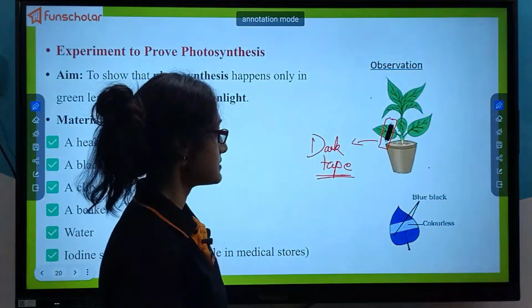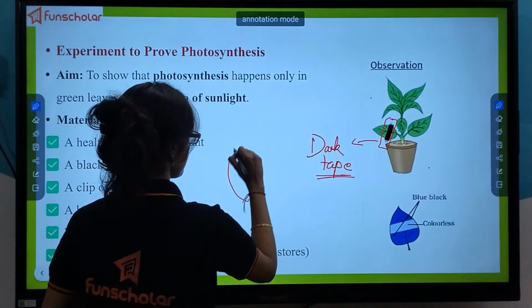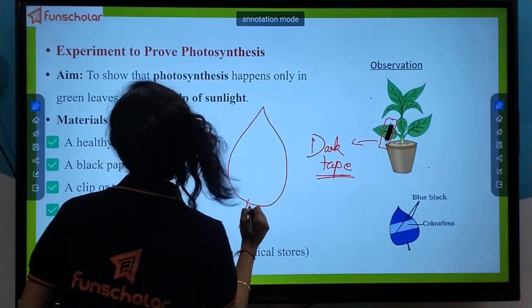When you open this, you see the leaf. Suppose this is the leaf.